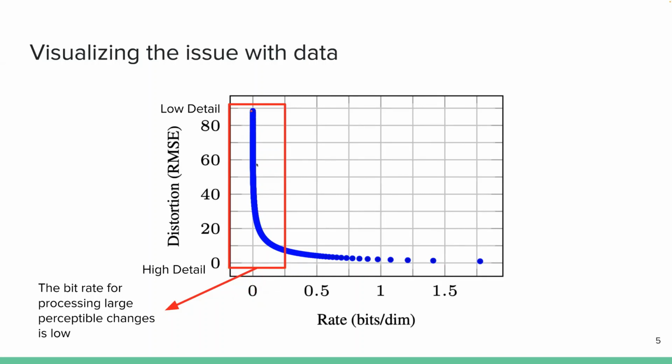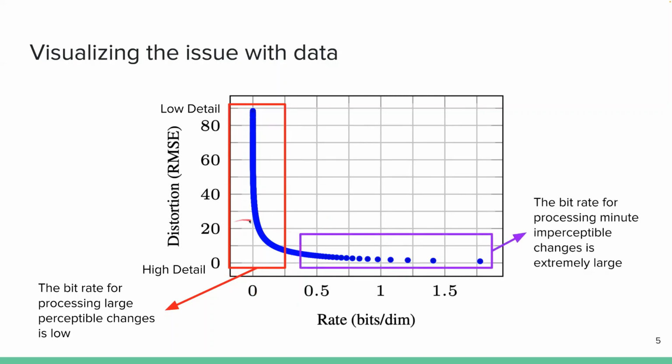So there's this very high range of high distortion data that is not getting very much processing at all by a standard diffusion model. However, on the other hand, when we're very close to the high detail, so below 20 to 0, when we have super high detail images, we're doing a lot of processing. And as we get extremely close to 0, we're doing the most amount of processing.